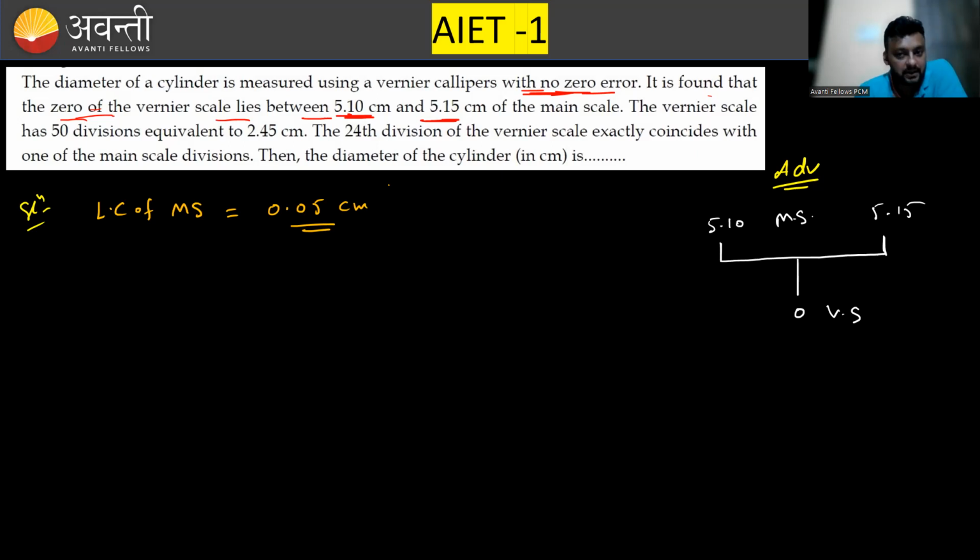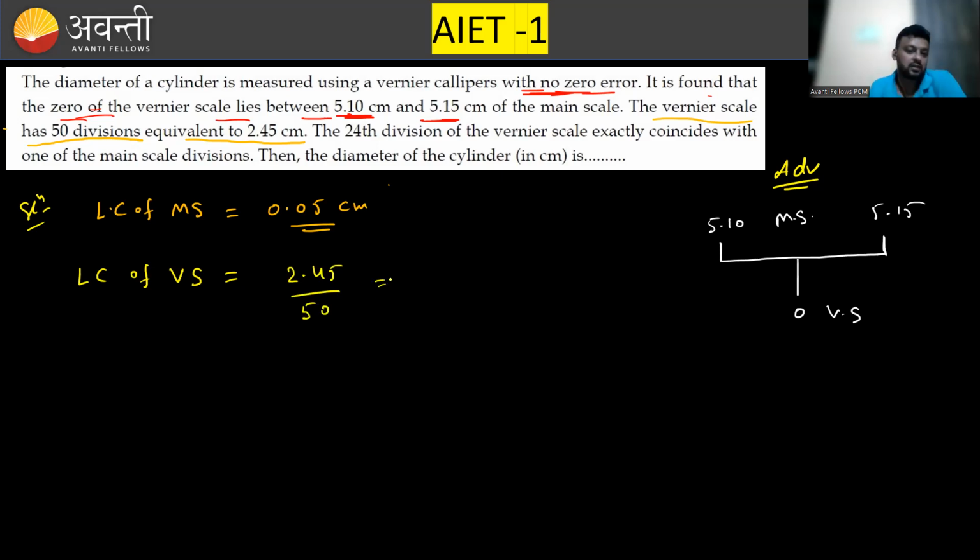One thing is clear. Next step. The vernier scale has 50 divisions equivalent to 2.45 centimeter. Using this statement, 50 divisions equals 2.45. Can you find the least count of the vernier scale as well? Yes, we can. So least count of vernier scale is equal to 2.45 centimeter divided by how many divisions? 50.